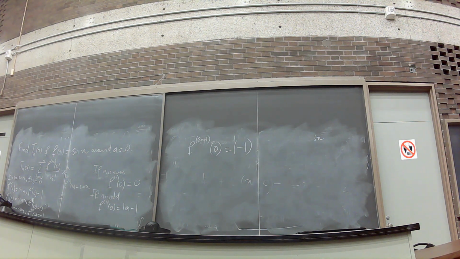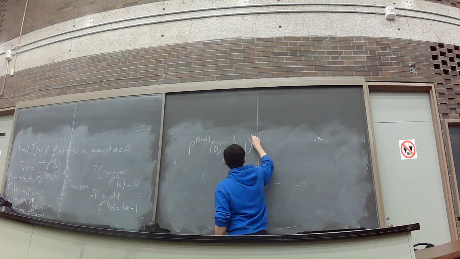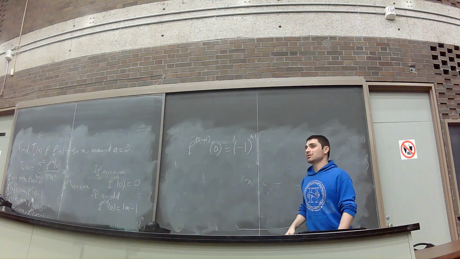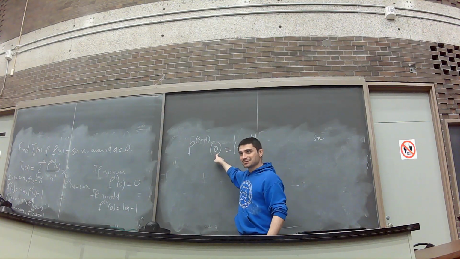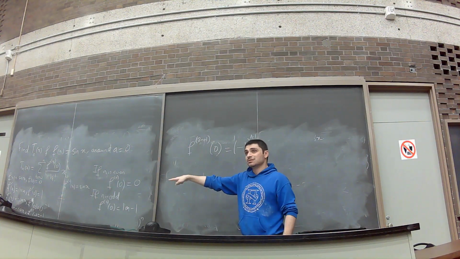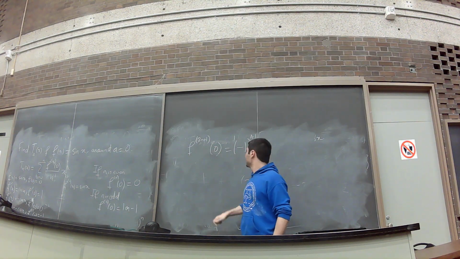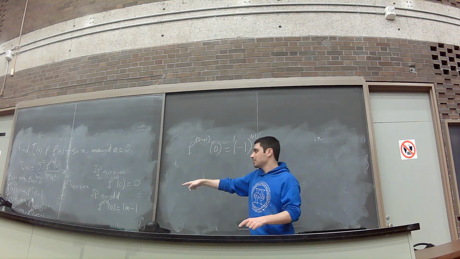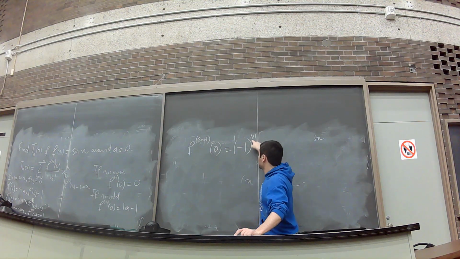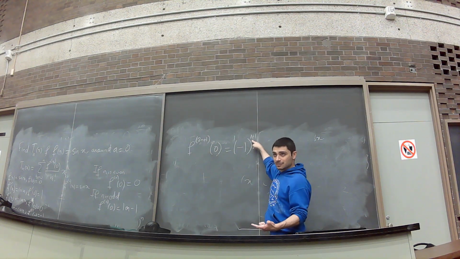So here, what is it? Minus 1 to the? Try it. Let's say it's minus 1 to the n minus 1. Okay? If n is equal to 0, you get f prime of 0. What is f prime of 0? Well, let's do n plus 1. F prime of 0 is 1. What is minus 1 to the n plus 1?